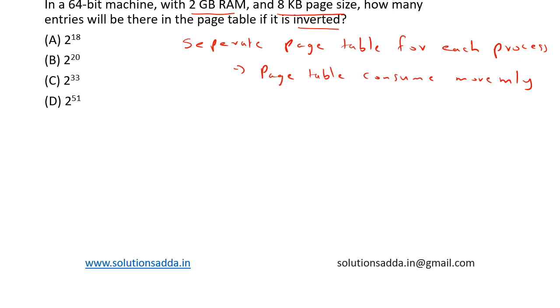In an inverted page table, the paging information of all the processes is stored in a single page table. A simple inverted page table stores one page entry per physical page, and so there is less memory overhead. So for an inverted page table, there is one entry per frame in the table.